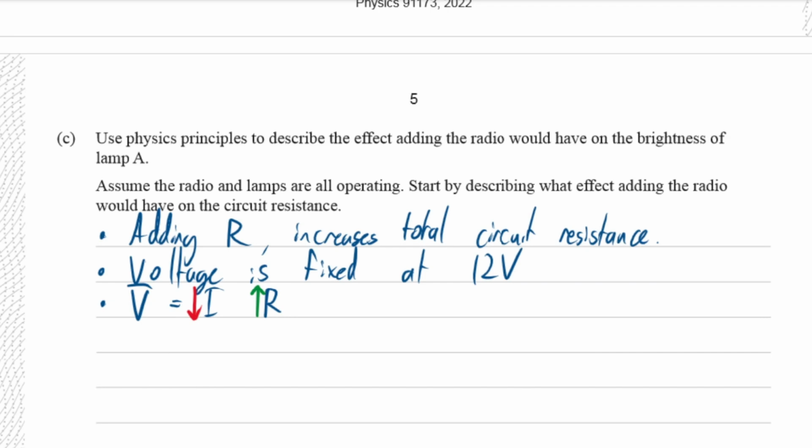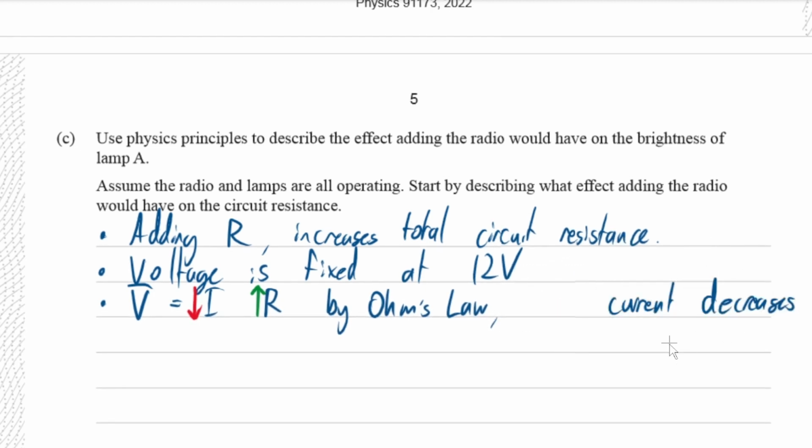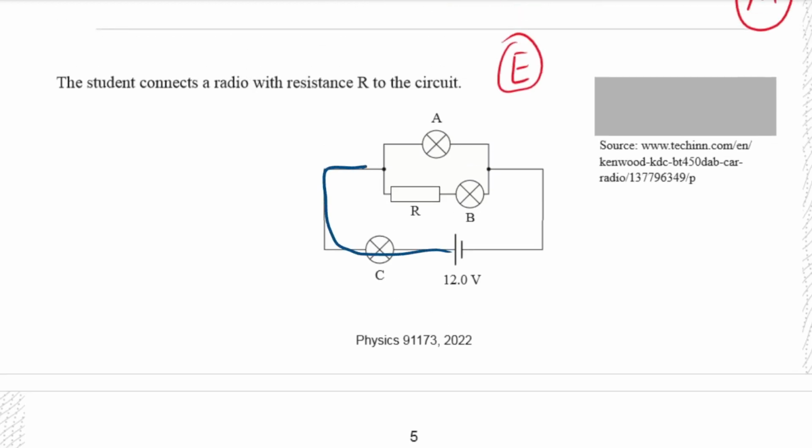So by Ohm's law, current decreases. And we should just specify here, that's the total current, or the circuit current. Okay, and so that's this current here. That's decreased, that's gone down.